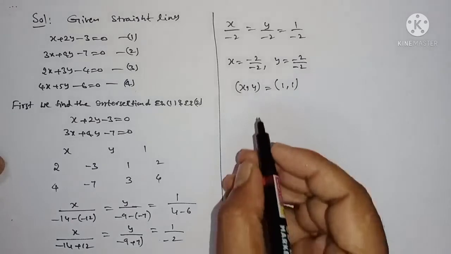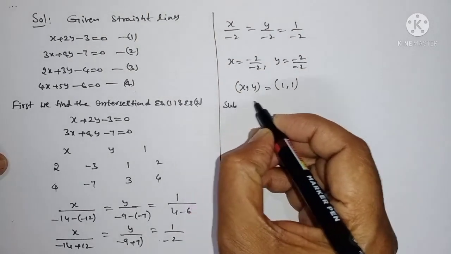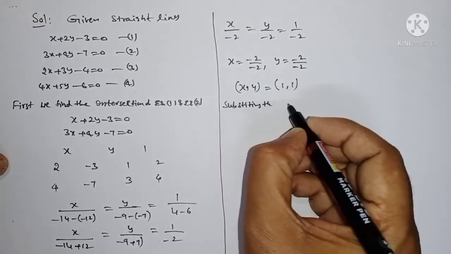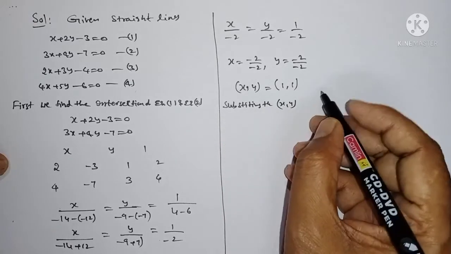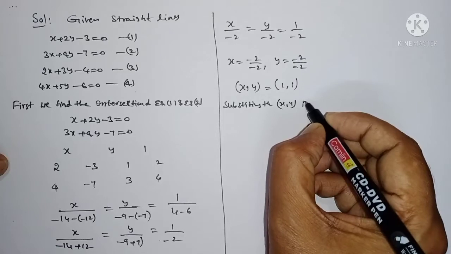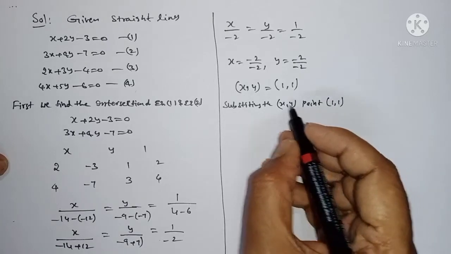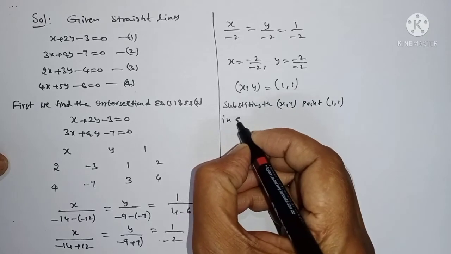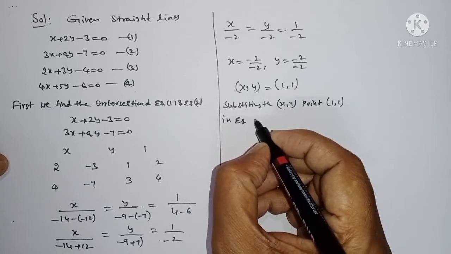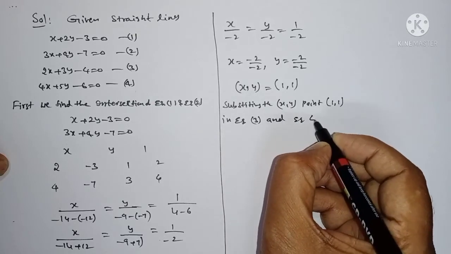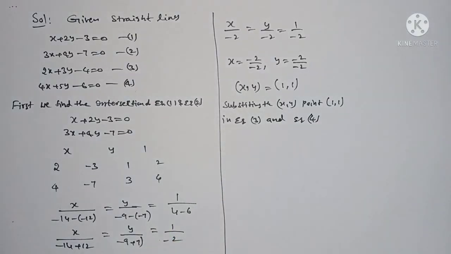Substituting our point x comma y, 1 comma 1, in equation 3 and equation 4: if we get 0, then the four lines are concurrent.